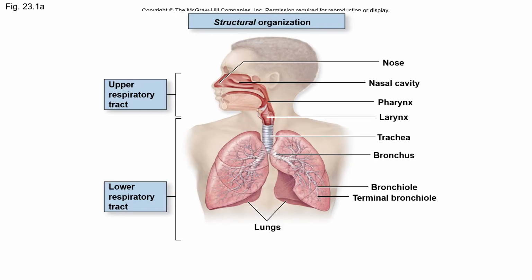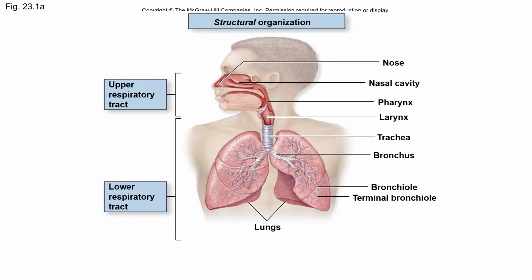Okay, the first major feature you notice when you deal with gross anatomy of the respiratory system is that it's divided into an upper and a lower respiratory tract. These are somewhat conventional designations. Air does not stop at the boundary of the upper and lower respiratory tracts or anything like that. But there are a couple of interesting differences.